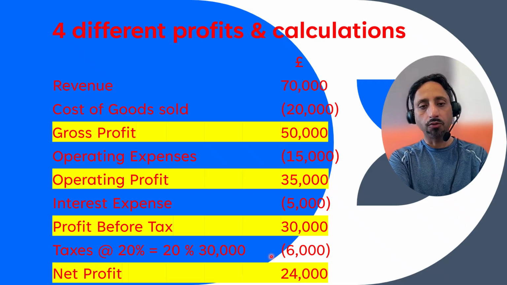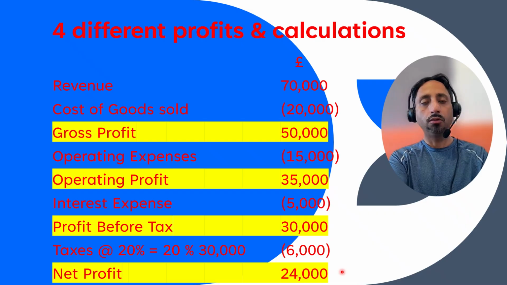So it will give you 6,000. So you mention 6,000, put a bracket sign indicating that this number will be deducted from the number above, and then finally you'll end up with net profit, which is also called net income.